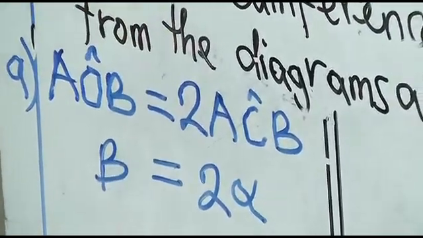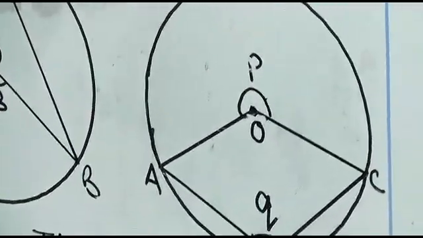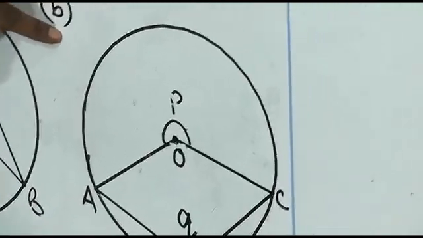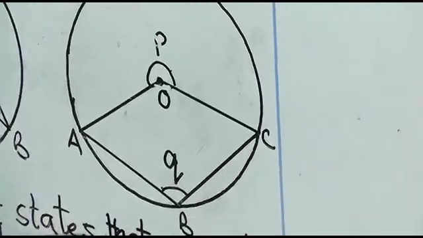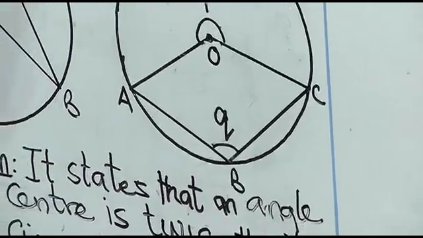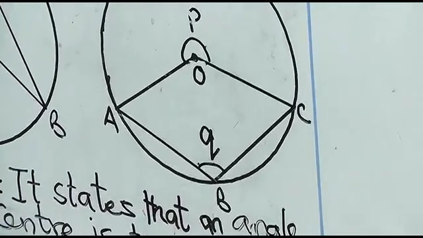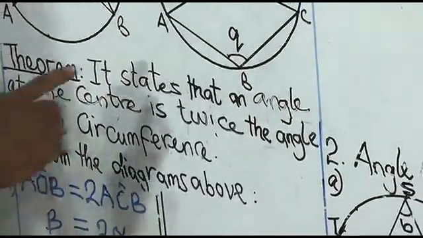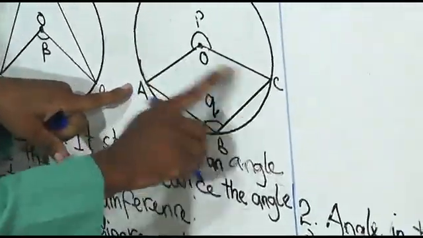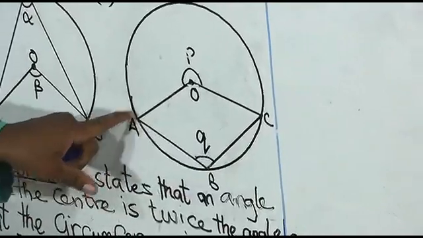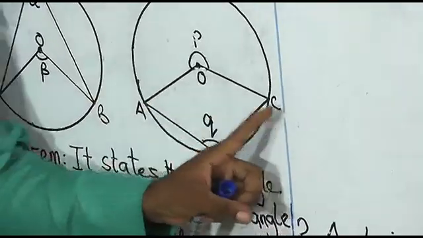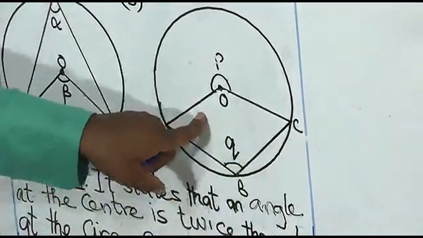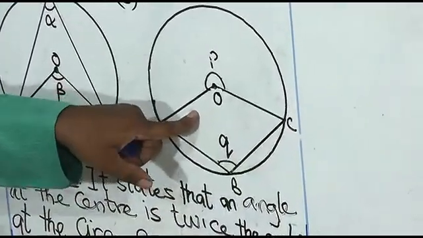Now, the same thing is applicable to B. It's the same theorem. So we have angle at center is twice angle at the circumference. So what is the angle at center? We have reflex angle AOC. You still remember what a reflex angle is? Angle greater than 180 degrees.